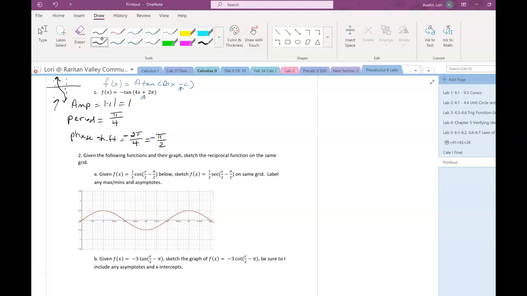So tan works a little bit differently than, say, your other functions, because all you really have on your tan graph that we're going to actually graph is our intercept and then the asymptotes around that intercept. So this here is your new intercept, where you would normally have this value 0. We need to go find negative pi over 2.